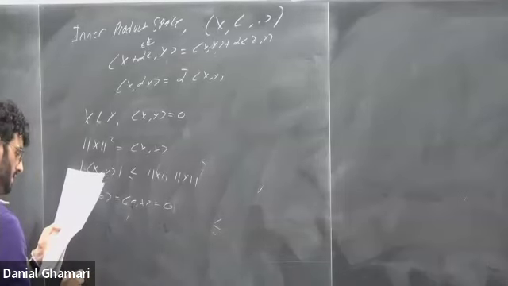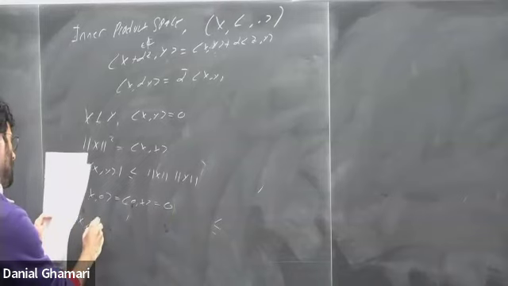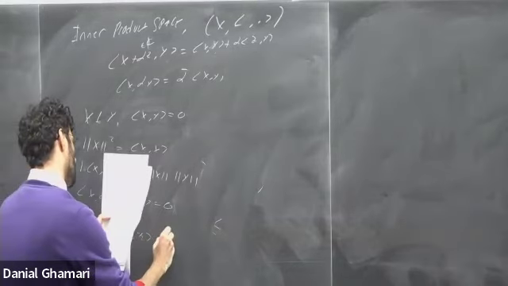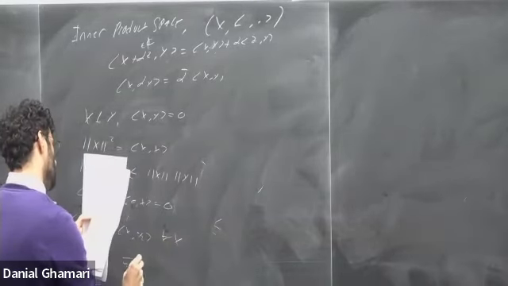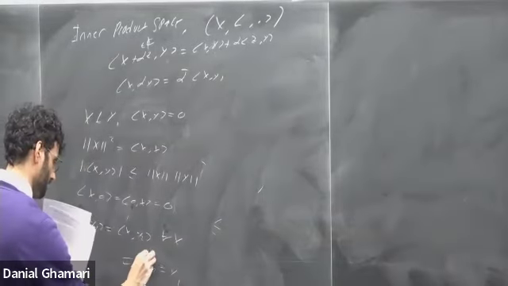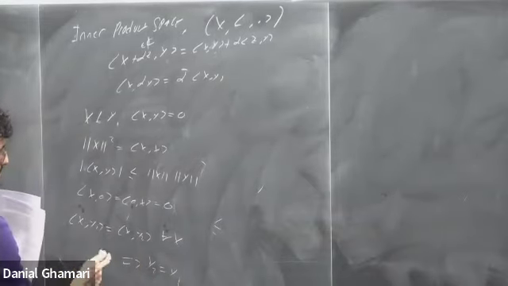And then the other result is that if x comma y1 is equal to x comma y2 for all x, then y1 equals y2. This is a pretty easy result to prove.